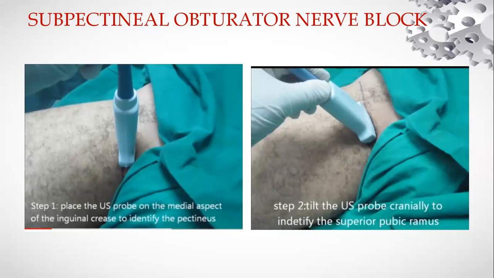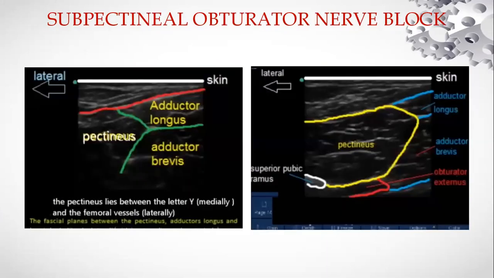So here, as you can see in the images shown on the screen, the first step is to place the ultrasound probe along the inguinal crease, but you are supposed to be a bit more medial as compared to the approach that we take for fascia iliaca or femoral nerve. Once we have visualized here, you'll see this kind of a picture, corresponding to the first image in the last slide.